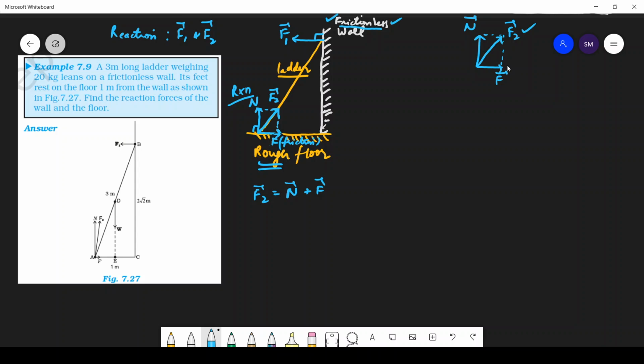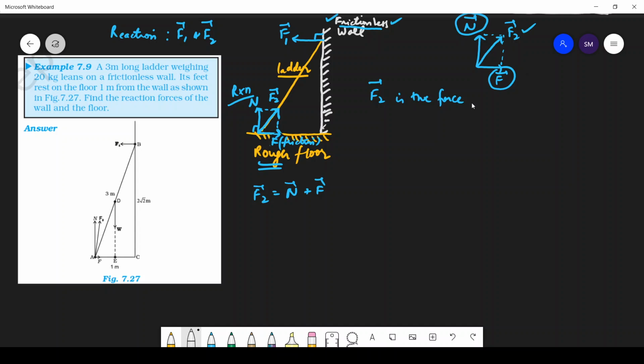If you particularly want to write about F2, who is applying these forces, this F and N? Floor, yes.